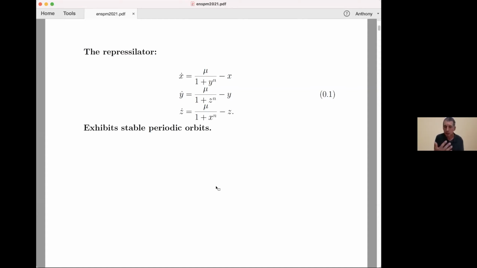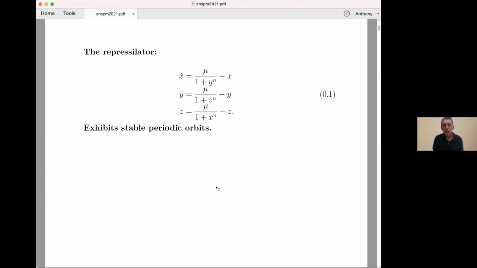So the first order dynamics, if you like, is just x dot equals minus x, simple dissipation. And then you have this connection, and this is repression. So you can think of each cell as repressing the dynamics of the other cell. So you can see here, for example, if y is large, then the dynamics of x is repressed.